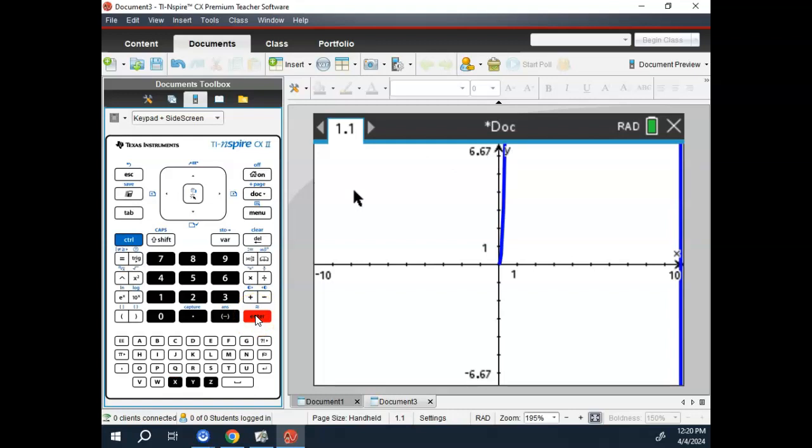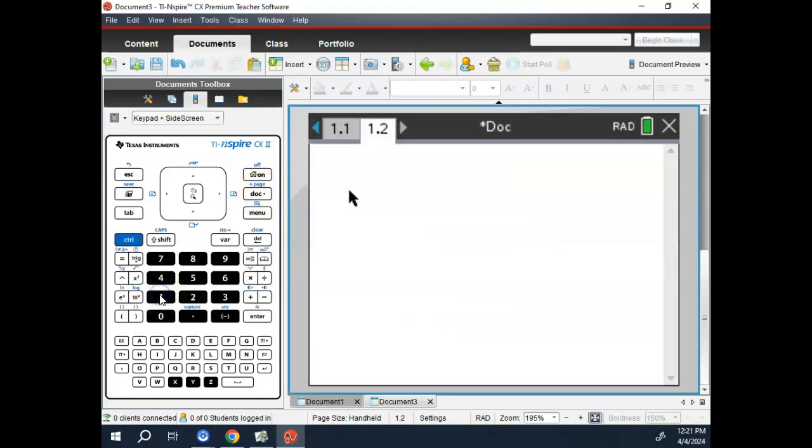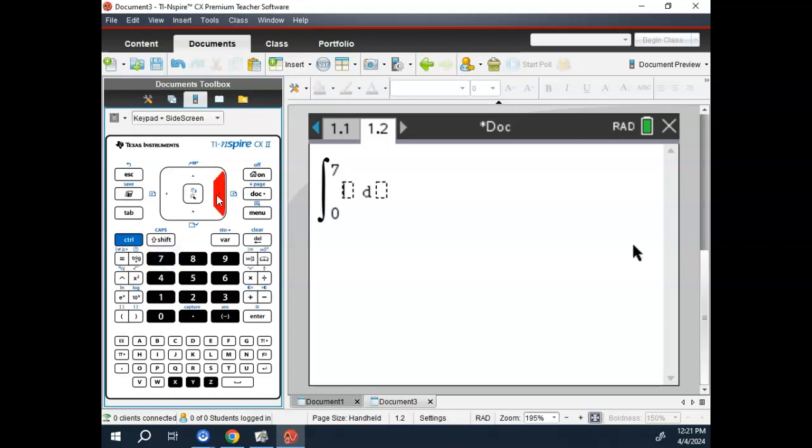There's my graph. That's what I got. Everybody good with pushing the buttons?